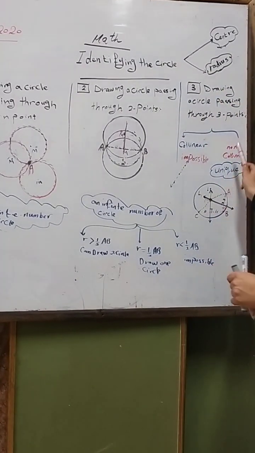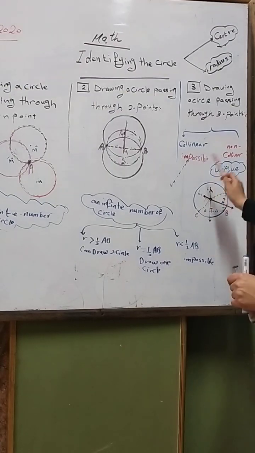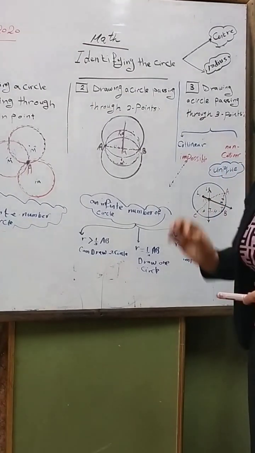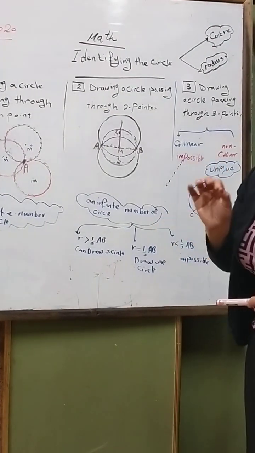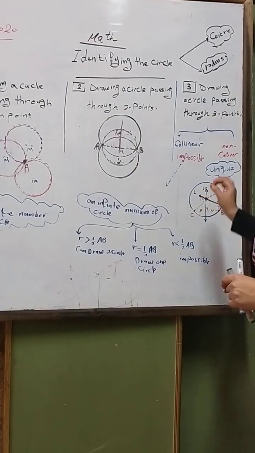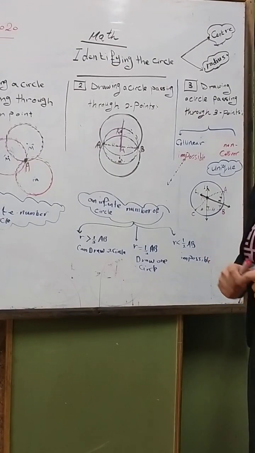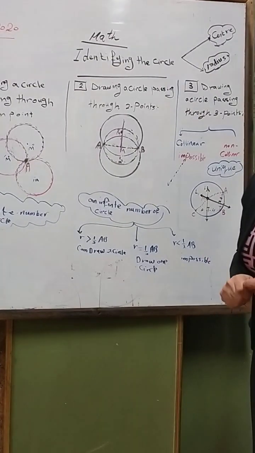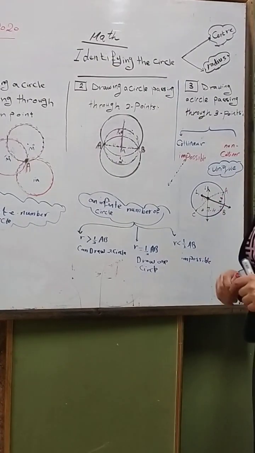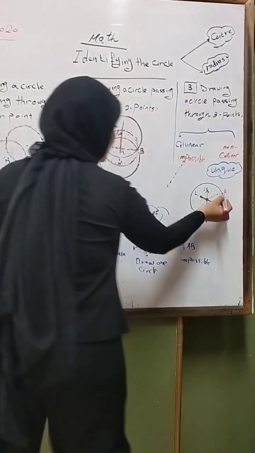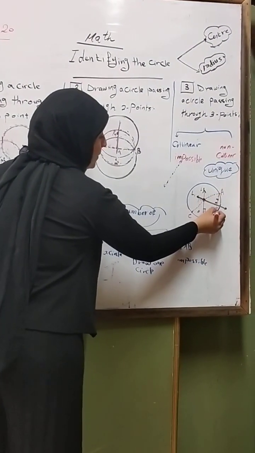Okay, let's look at the other case, which is non-collinear. If we have non-collinear points, then there is a unique circle we can draw passing through these points, as we see in our example.